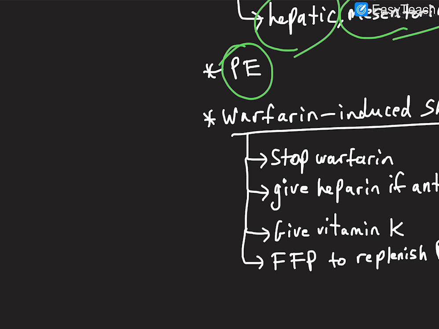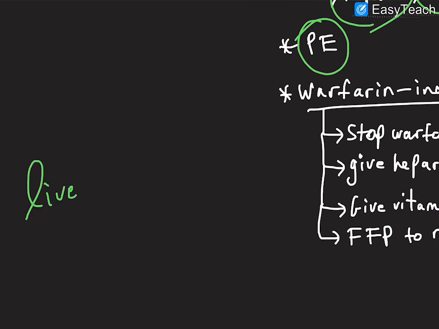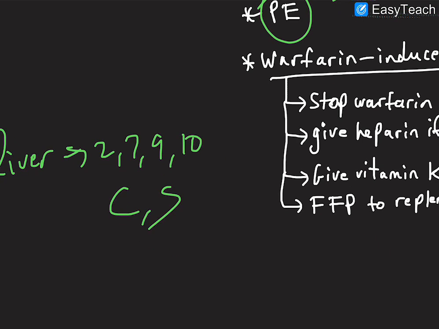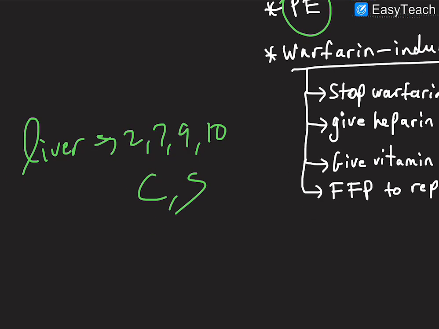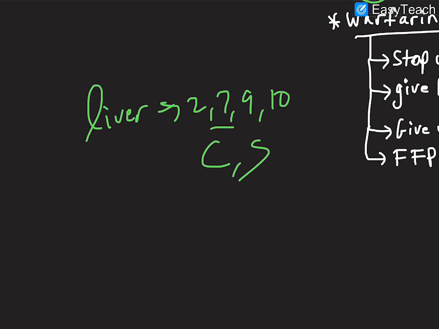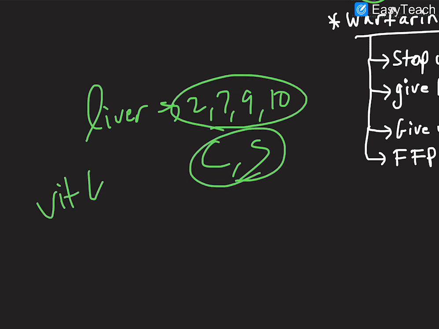So remember, your liver makes factors 2, 7, 9, 10, and then protein C and S. We know that protein C has a shorter half-life when compared to factors 2, 7, 9, and 10. So when you give warfarin, remember, your liver makes factors 2, 7, 9, 10, and C and S, but it needs vitamin K, specifically the reduced form, to do this. To even make these.